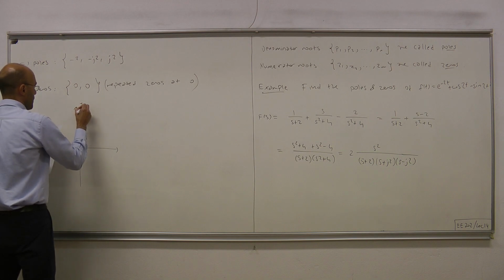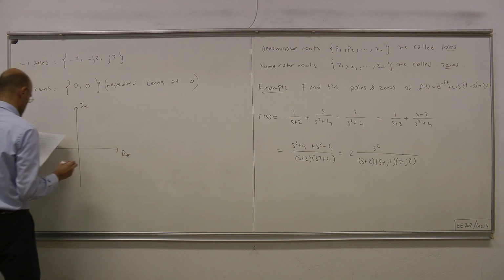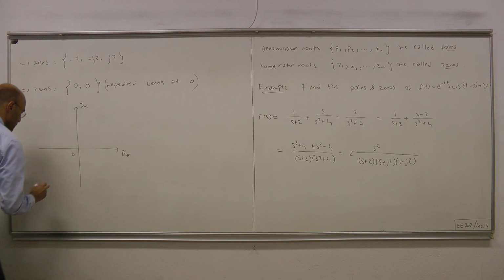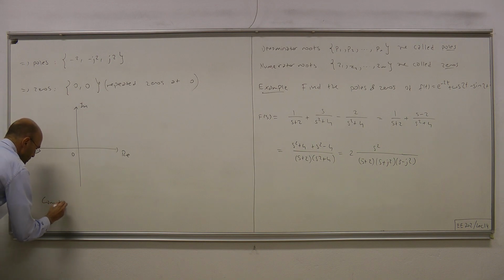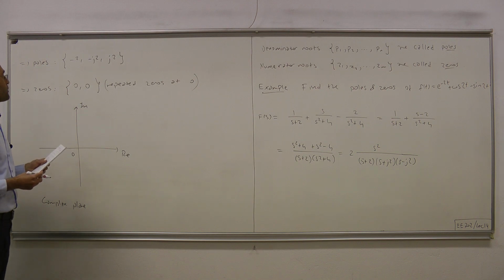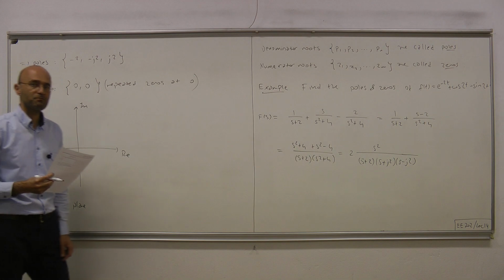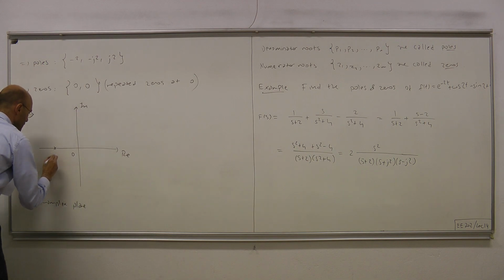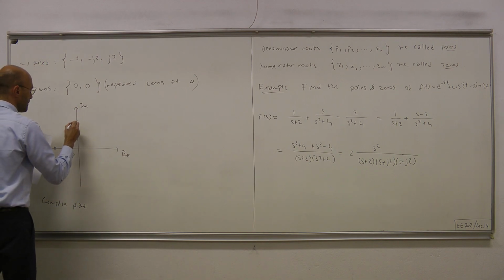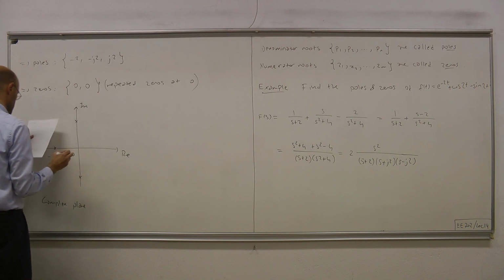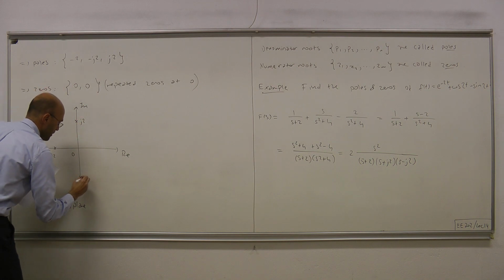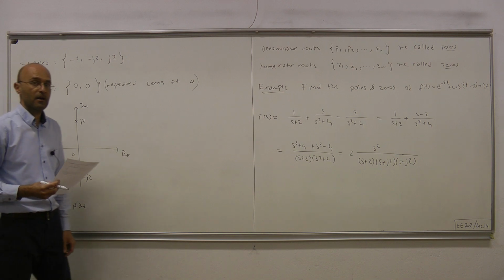So this is our imaginary axis, this is our real axis. This is the origin, and this is our complex plane. What we have here is minus 2 as one of our poles, and j2 and minus j2 as our remaining poles.